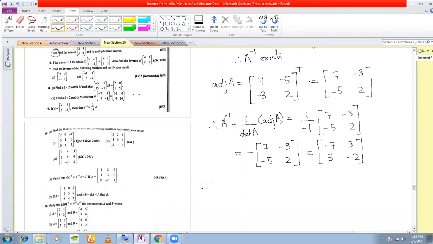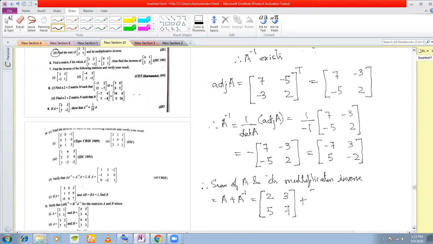So what is the sum of A and its multiplicative inverse? The sum of A and its multiplicative inverse is equal to A plus A inverse. Now simply see, A is 2, 3, 5, 7, and its multiplicative inverse is minus 7, 3, 5, minus 2.